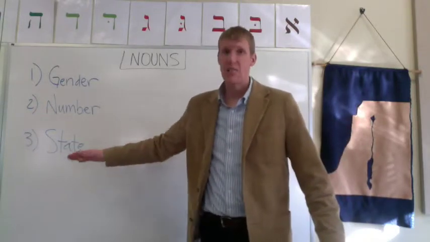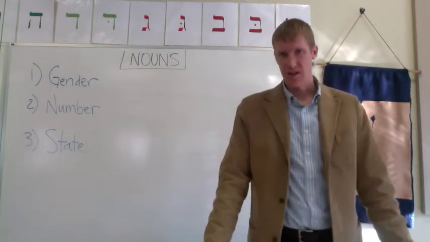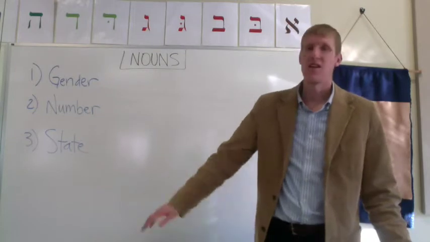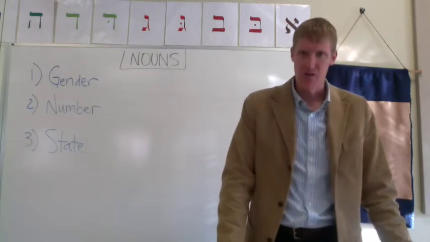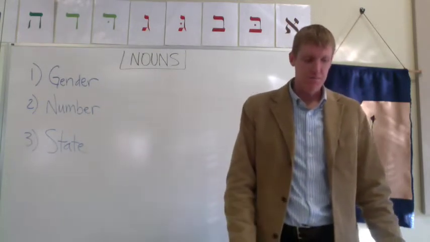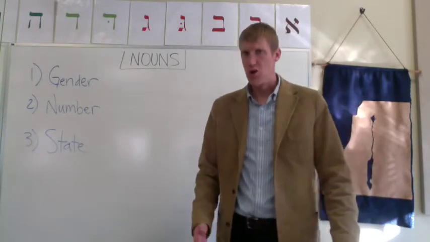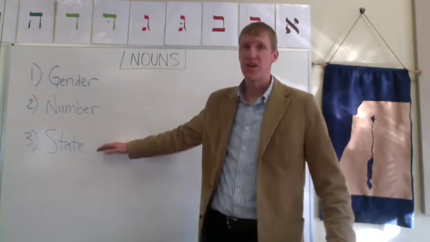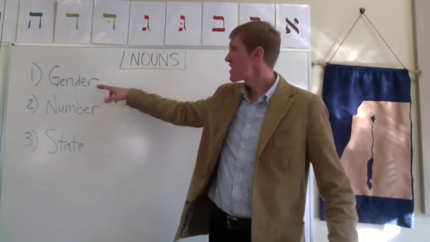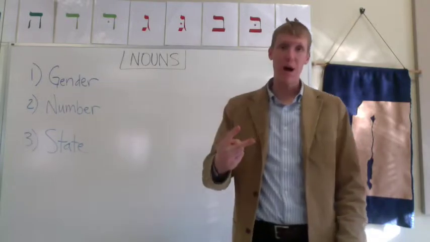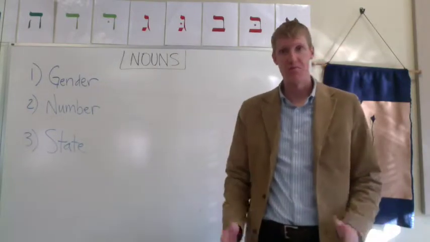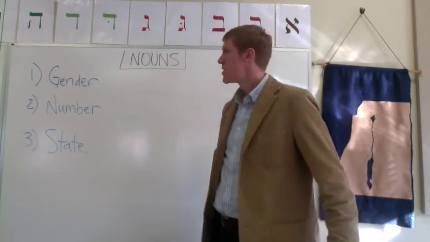Proper nouns cannot be in the construct state, so they're always in the absolute state. We'll get to that in a future video. But on the whole, nouns will function in these three categories. And in each of these three categories, there are two options for every general noun.